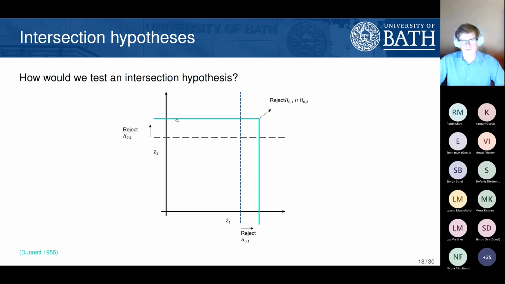And our green line here is a region on the outside of which we construct at level alpha following a Dunnett type test to test for the intersection hypothesis. The point of showing this is that you can see there's now an interaction between the experimental treatment groups. Essentially, this comes about through the common control.